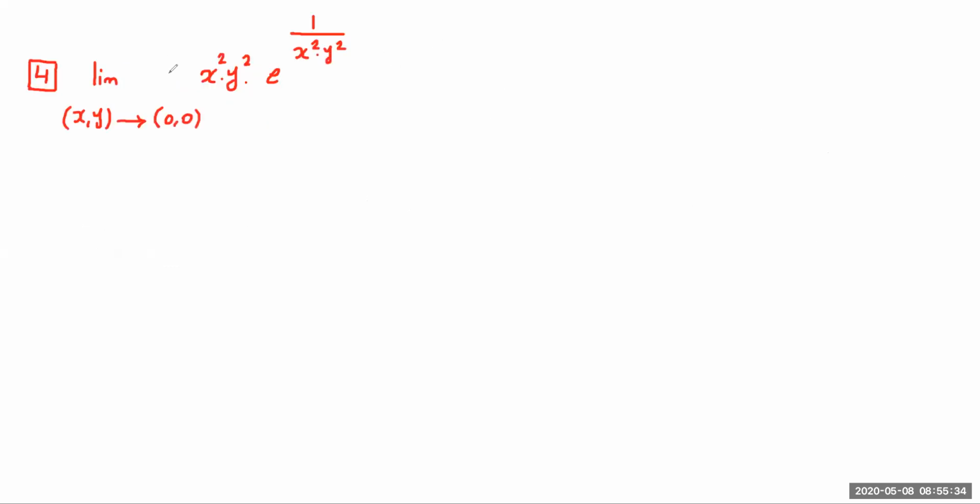Next exercise. The limit of x²y² times e to the power 1 over x²y². Let's suppose x²y² is a new variable t. t is positive or 0. Okay. So the limit will be the limit of t times e^(1/t) when t approaches 0.